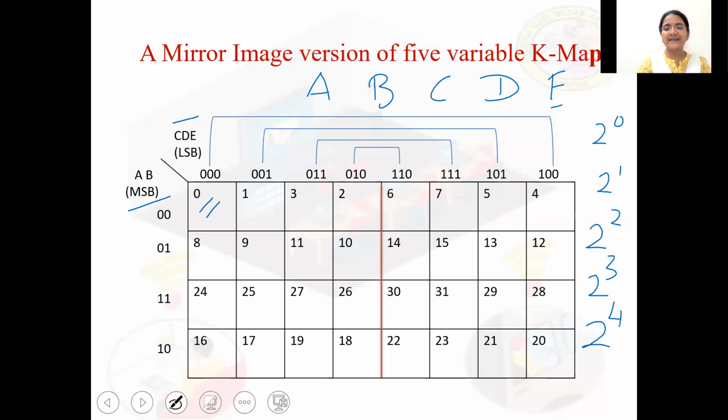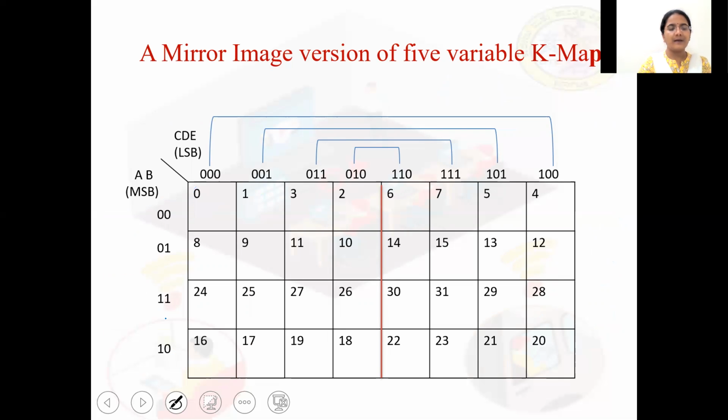These binary weightings are added, and after addition of these binary values, we are getting the decimal notation of those. Each of the minterms or each of the squares are decimally decoded according to the binary values we are having for the rows and columns. And this is the numbering of the 5 variable K-map, which is the mirror image version.